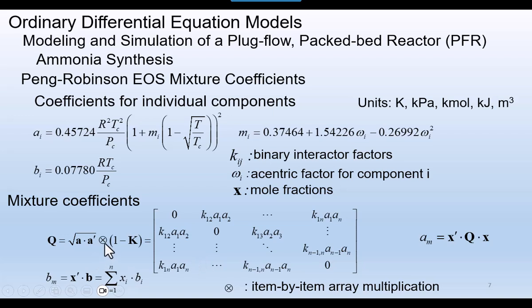And this is not really a matrix multiplication, it is an array multiplication, item by item, and that then gives us the Q matrix, which we can use to get the A coefficient. And then the B coefficient is handled quite simply, with the mole fractions and a vector of the individual component B's that are gotten from up here.